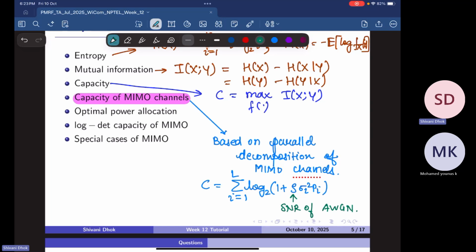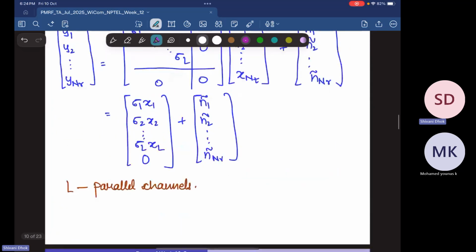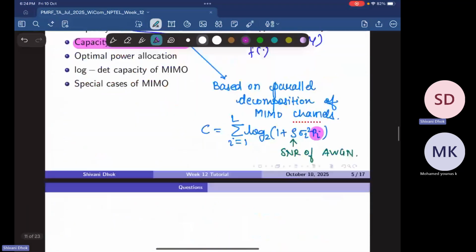This we saw, and then we said that this particular equation is a function of power P_i. P_i is the power with which I'll be transmitting my symbol x_i. So now the question that arises is how to set up optimally these P_i.